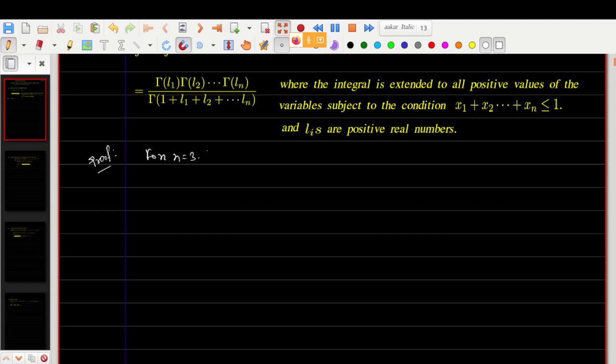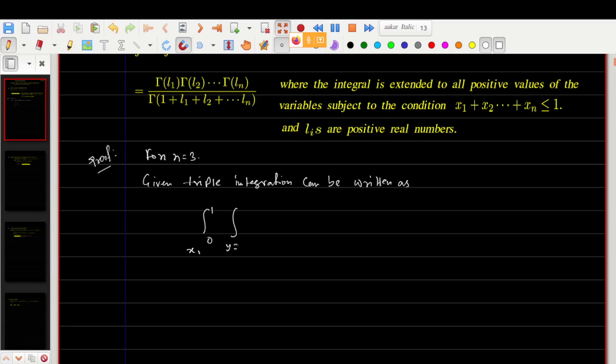Given the triple integration, we can write it as the integration over x, y, z positive with their sum less than or equal to 1.